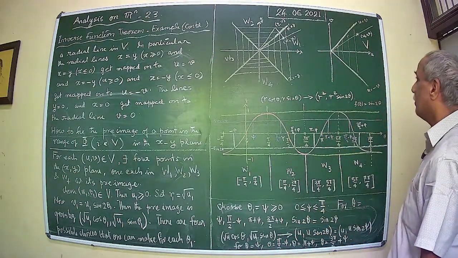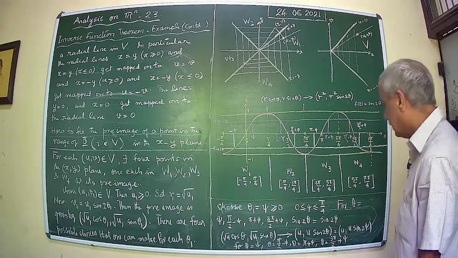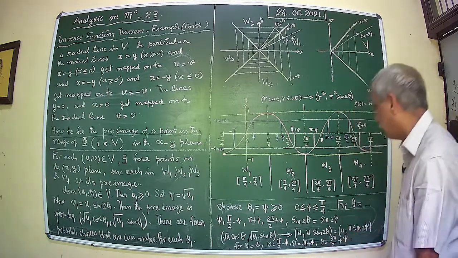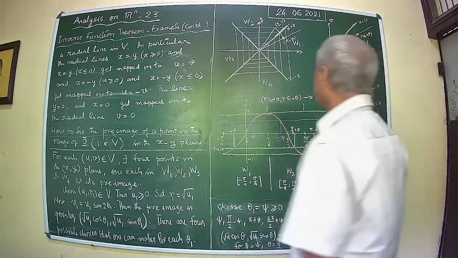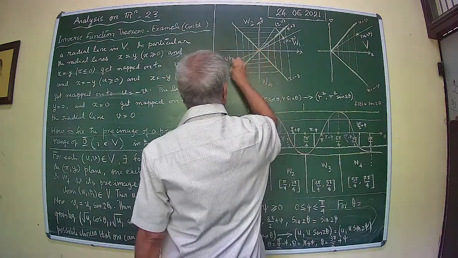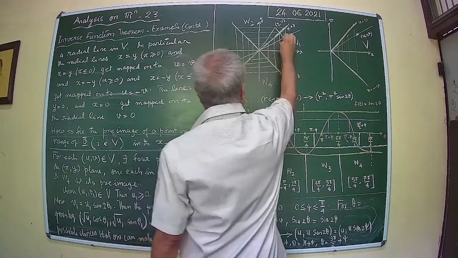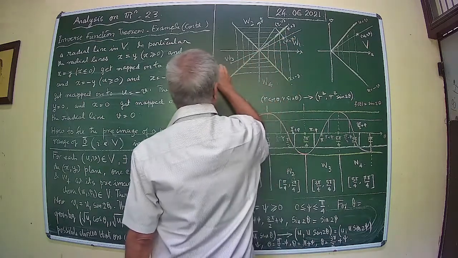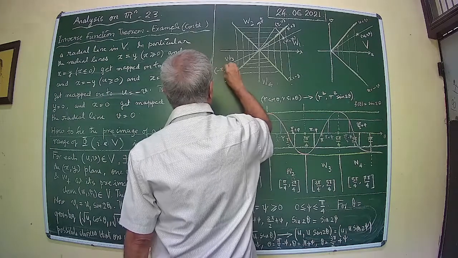Okay. Then what about this theta equal to pi plus psi? Theta equal to pi plus psi corresponds to the mapping from xy to minus y.